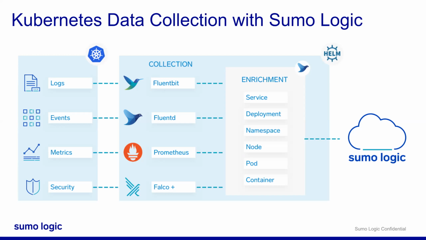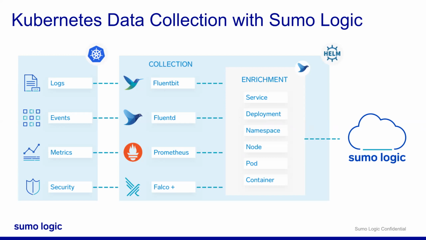This is what we use to collect the logs that your pods are sending to standard out or standard error. For the events from your Kubernetes cluster, we have a FluentD deployment that is essentially watching on the API server. For metrics, we use Prometheus.